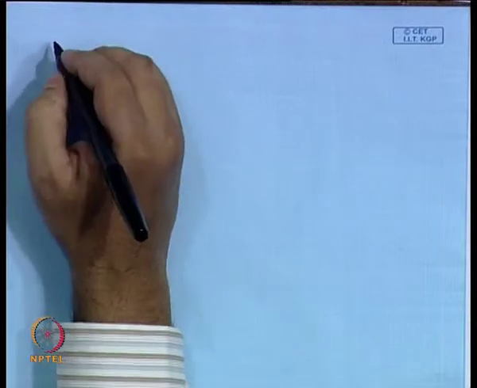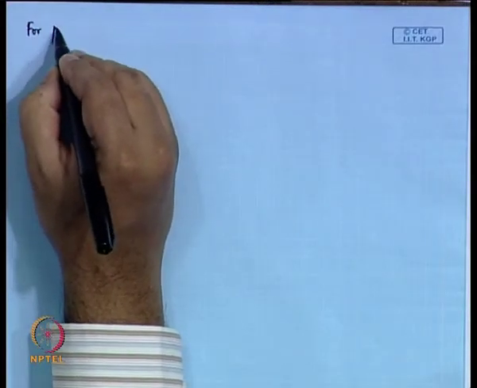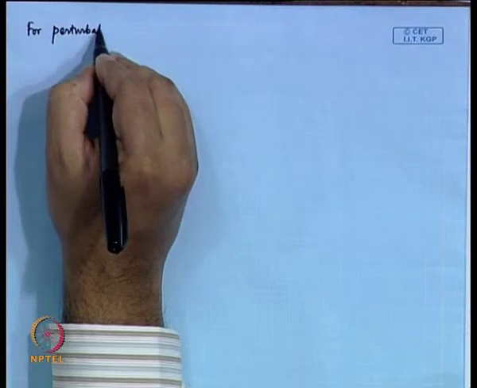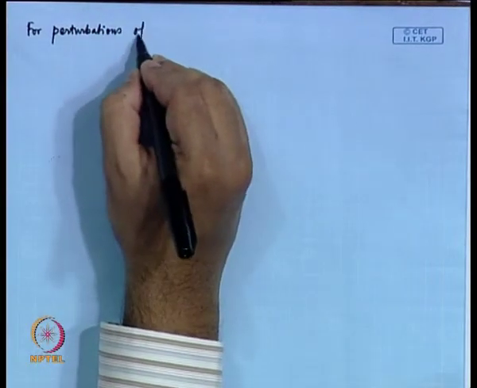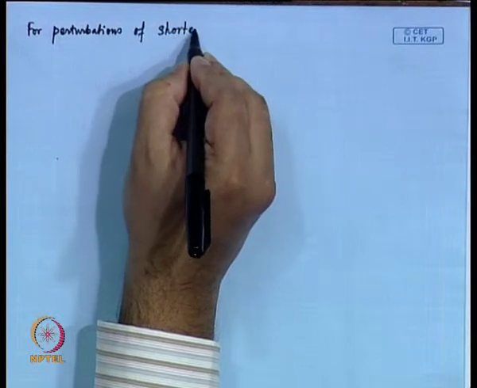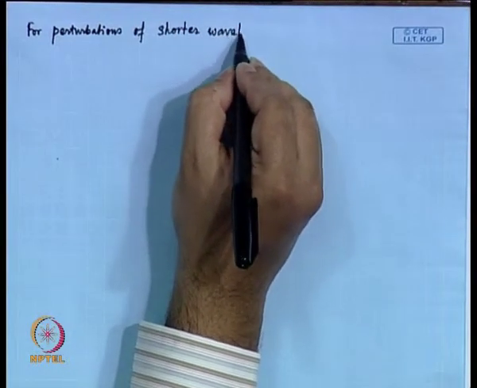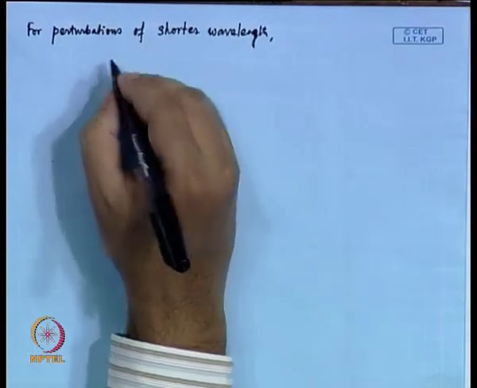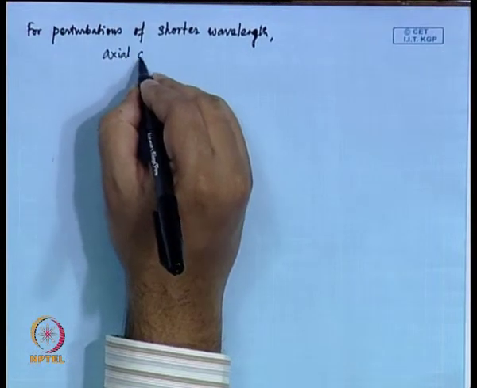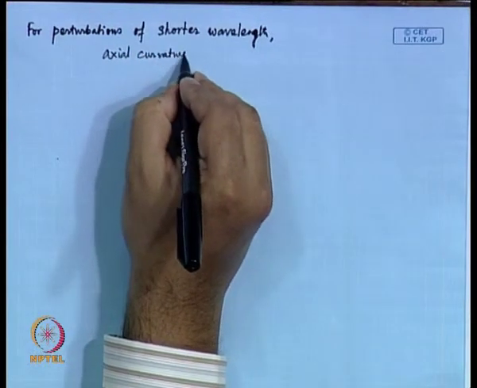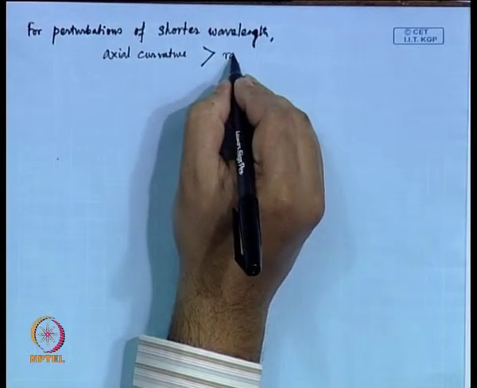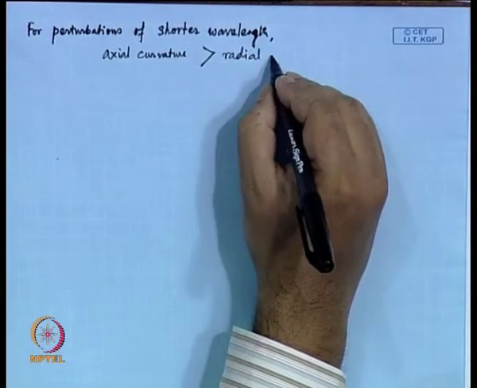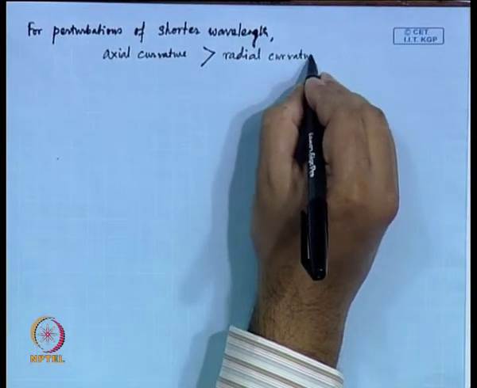Now, for perturbations of shorter wavelength, axial curvature is greater than radial curvature.